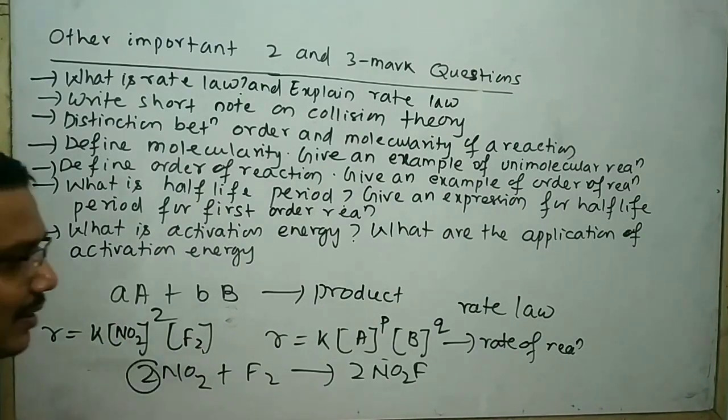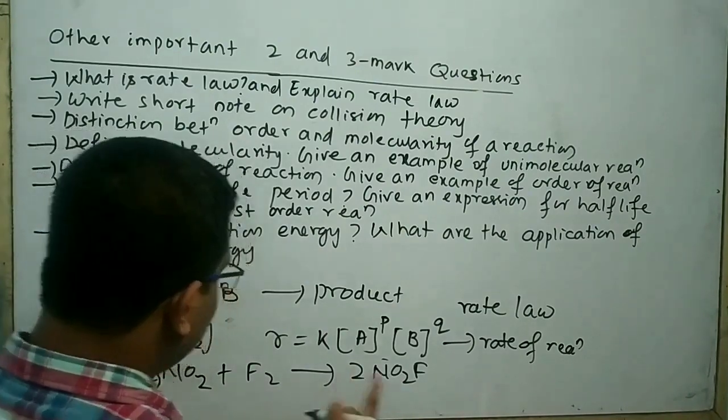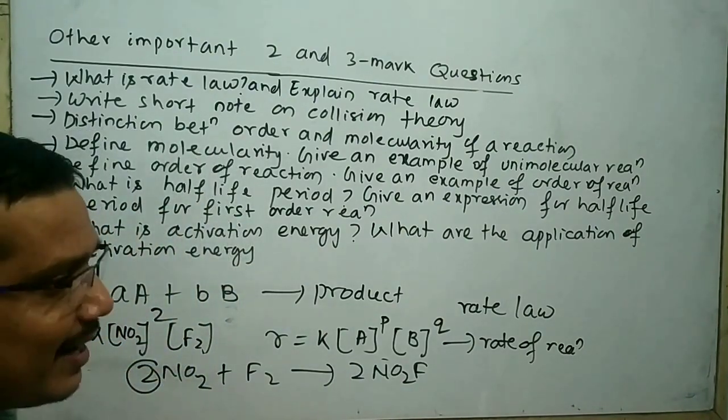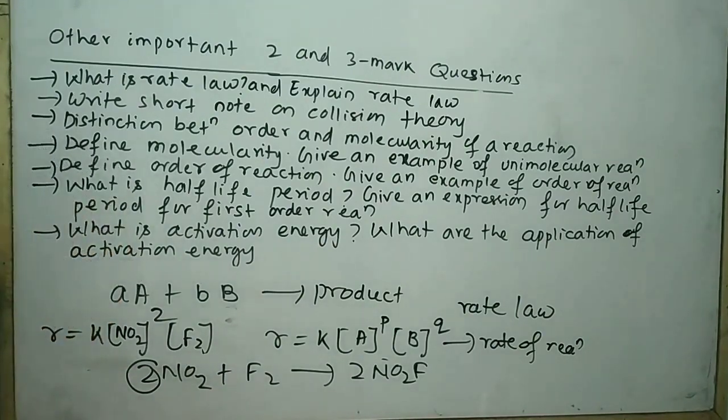Suppose I want to write the rate of reaction according to the rate law, then it is necessary to know how many moles of reactant will affect the rate of reaction. Experimentally it is seen that 1 mole of NO2 and 1 mole of F2 actually affect the rate of reaction.